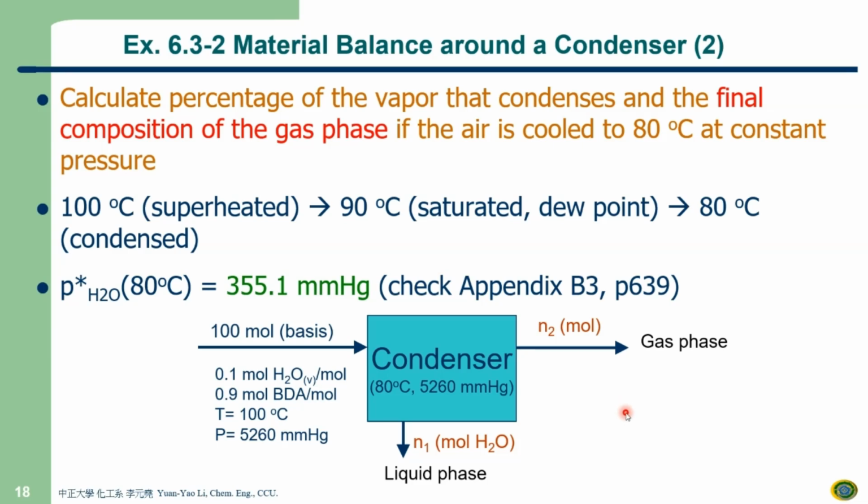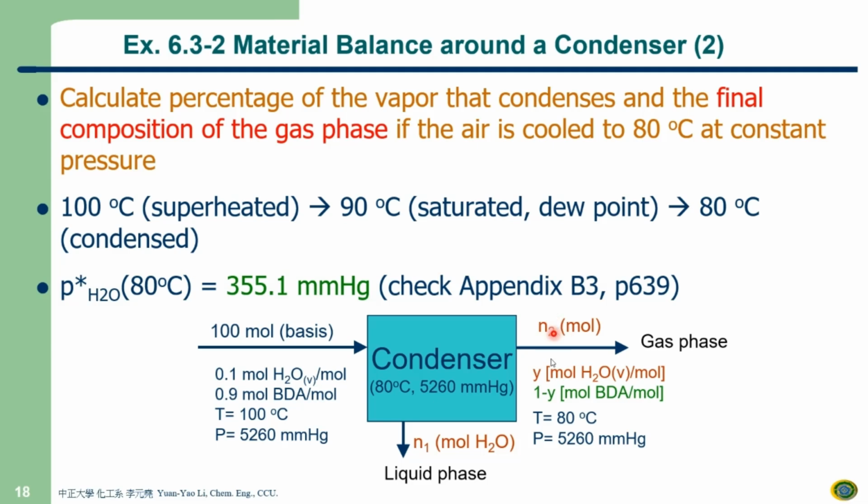What you know is that the temperature reached 80 Celsius. The molar fraction, you also don't know. So there are 3 unknowns here. What you know is that at this time, the temperature is 80 Celsius and the pressure is 5,260 millimeter mercury. So you have 3 unknowns in this case.